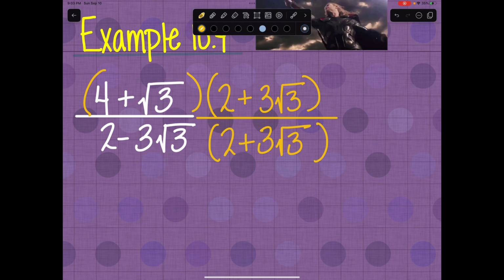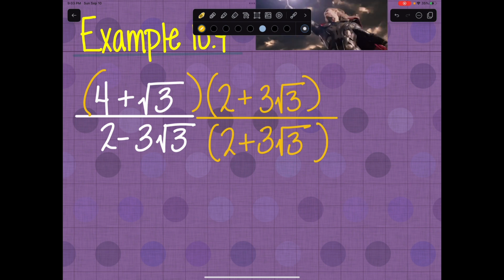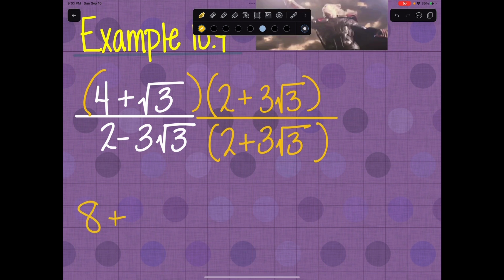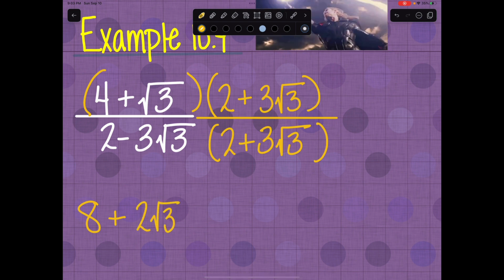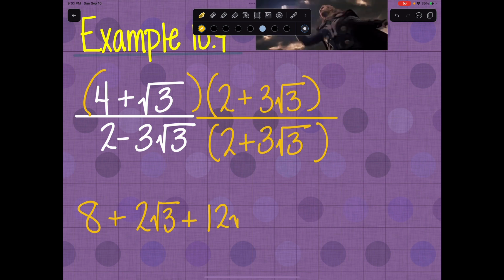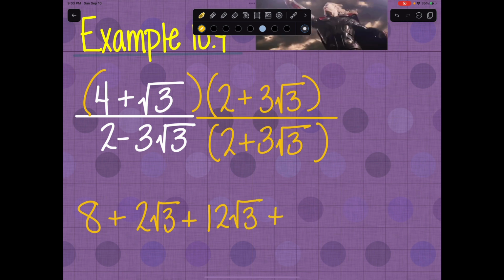So let's see what happens when we multiply out this top part. You basically have to do first, outside, inside, last. When you do that, you'll get 8 for the first. Outside, inside is going to be 2 square root 3 plus 12 square root 3 plus 9.